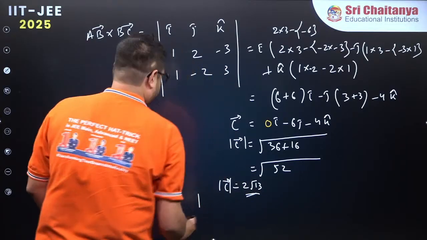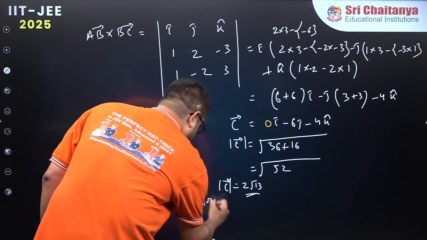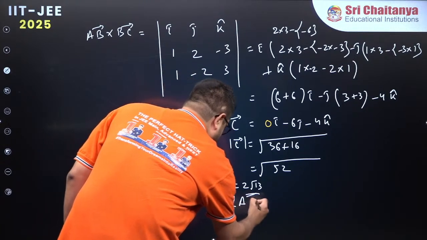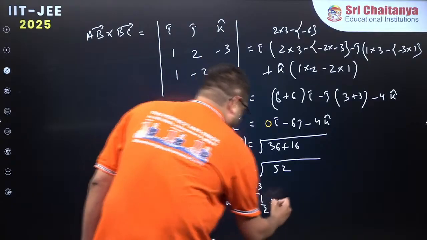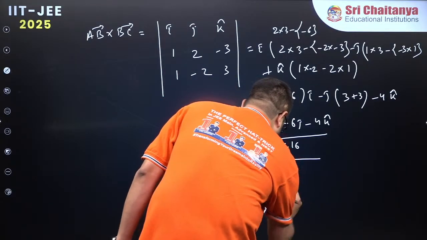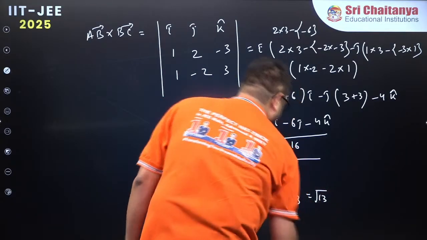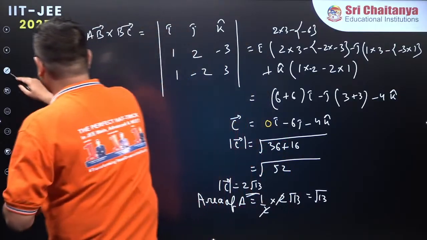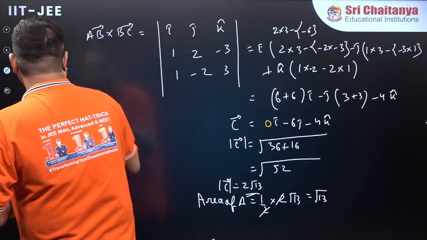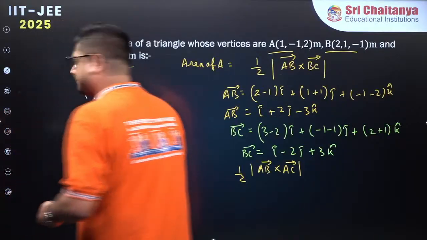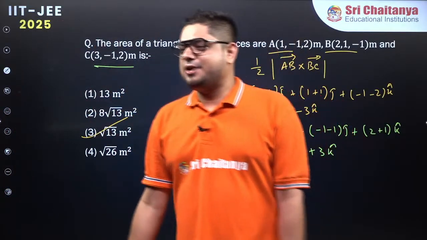So the area of the triangle is going to be equivalent to, that's a really great observation, everyone, 2 square root of 13. So it gets cancelled out, and I will be getting root 13. Root 13 everyone's getting, isn't it? Root 13 is going to be the answer to the question. Are you getting root 13?